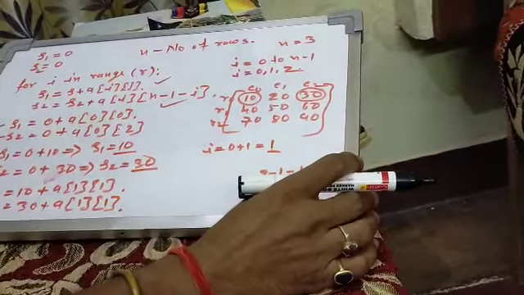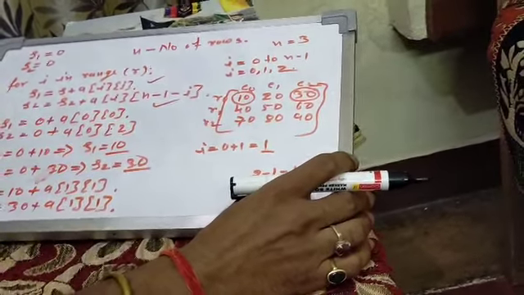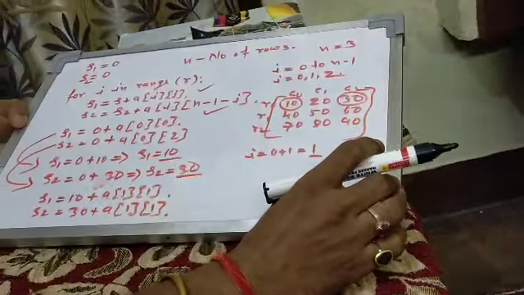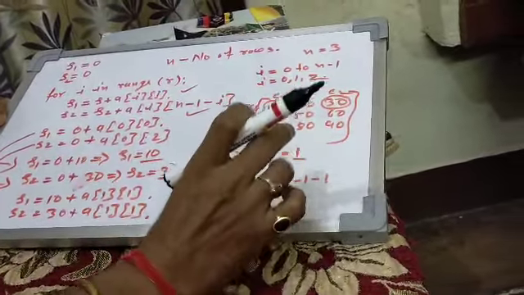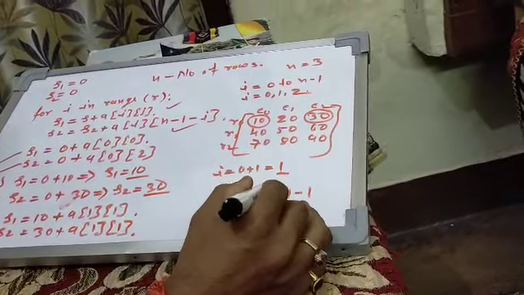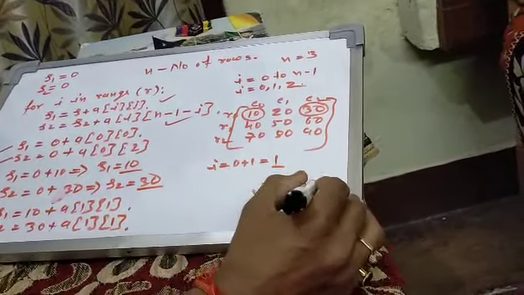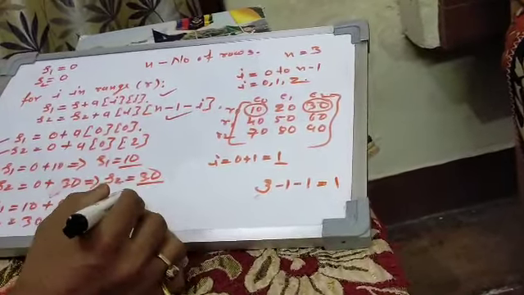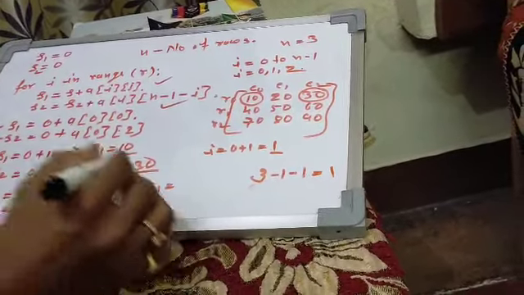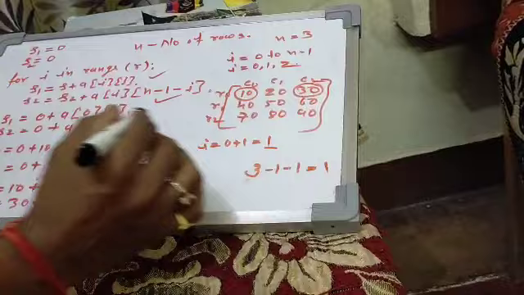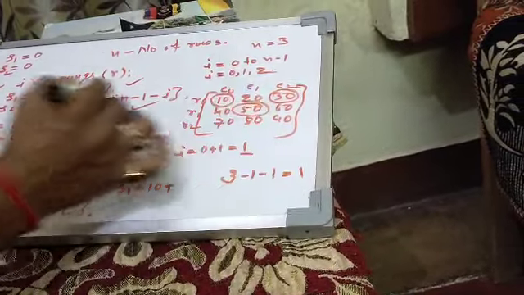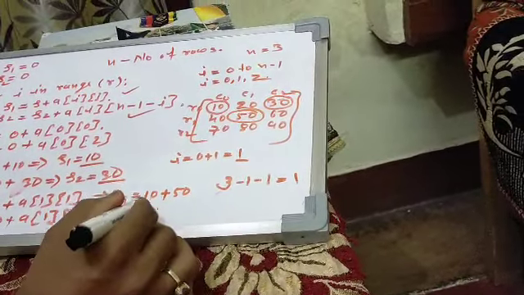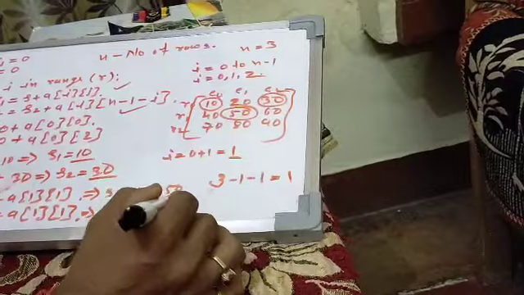तो कितना आया? n minus 1 minus I. n is 3, sorry, n is 3, n minus 1 is 2. तो 3 minus 1 minus 1 is equal to 1. तो ऐसे केस में S2 will again be A 1, 1. तो S1 इज इक्वल टू 10 प्लस, this element 50, and S2 is 30 plus 50.